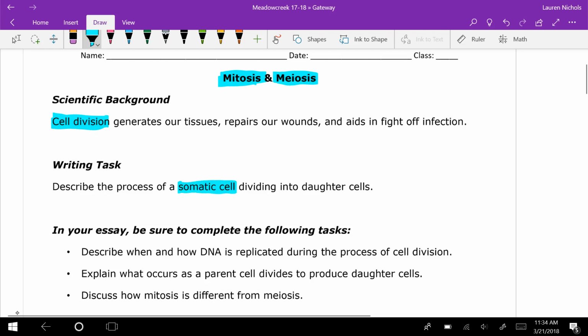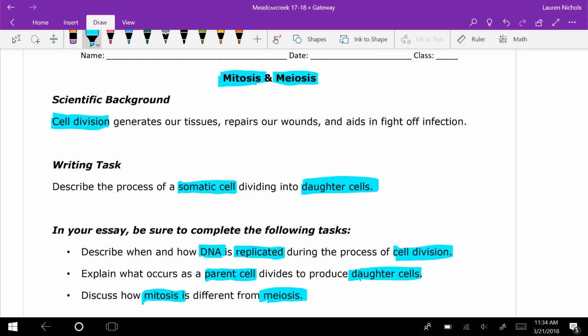It talks about somatic cells and daughter cells. And then we have DNA replication, right? Cell division again. We see parent cell, daughter cells, and then mitosis and meiosis again.